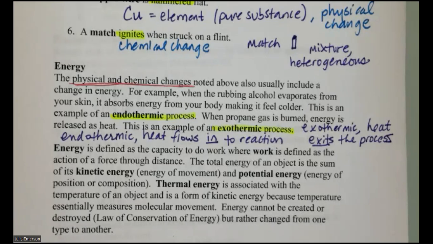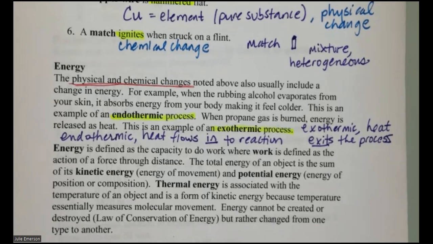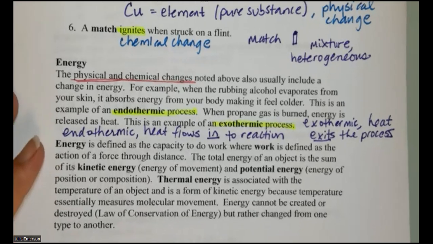So, for example, when you step out of the shower and you're all wet, it's going to feel cold, but it's not like someone just turned the thermostat down 10 degrees, right? The temperature hasn't changed. If anything, it might even be warmer in the bathroom because you took a hot shower. But as the water starts to evaporate from your skin, it's endothermic, right? It takes energy from your body, that heat from your body, and that's why it feels like it got cold. But it's only because it's an endothermic process.